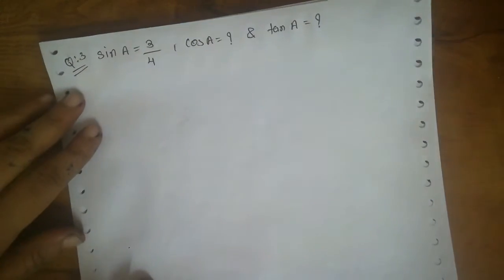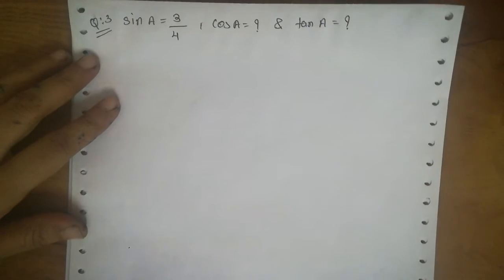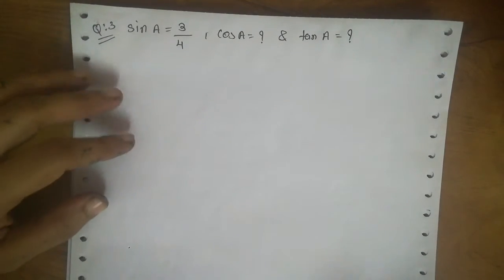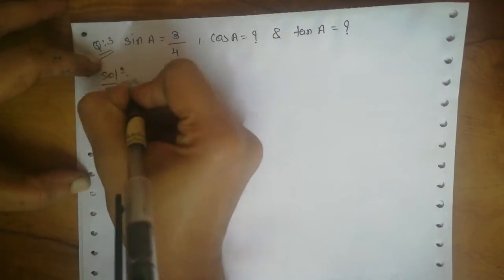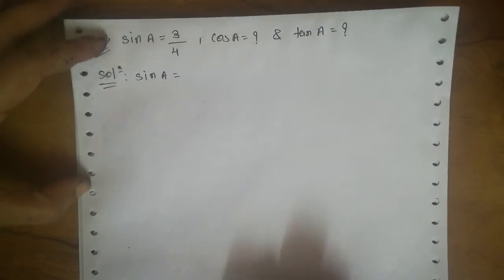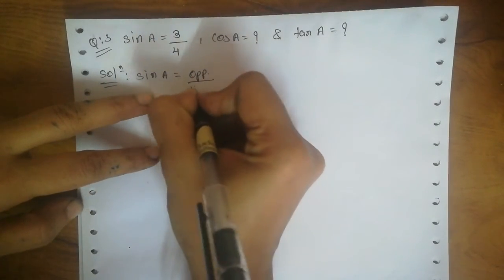Here we are not given the two sides exactly, not AB as 3 or BC as 4, nothing. But we know the formula for the sine ratio is opposite by the hypotenuse.